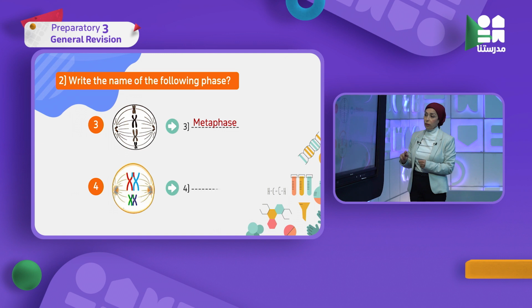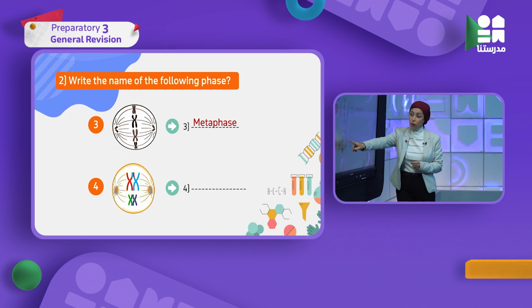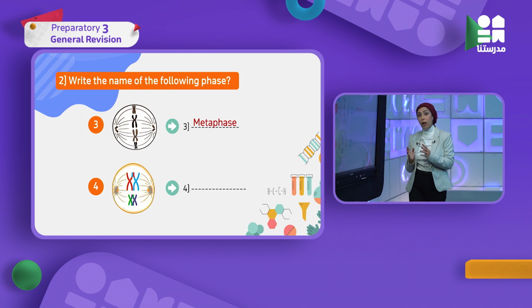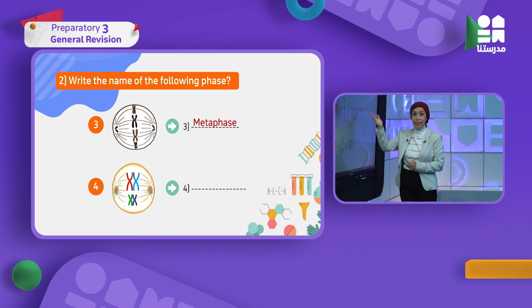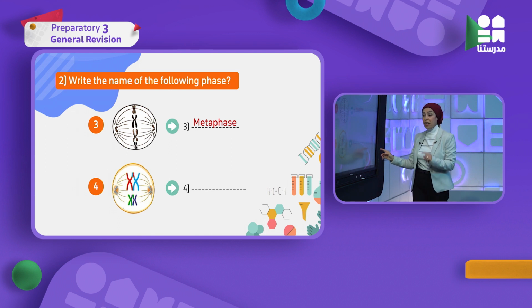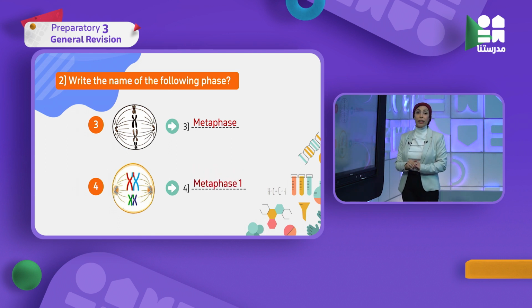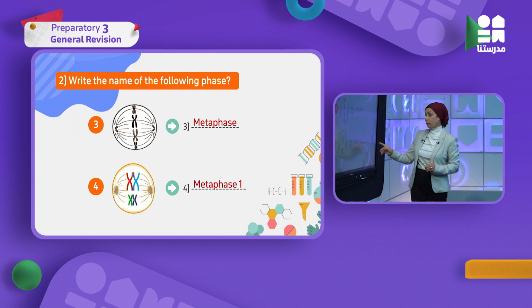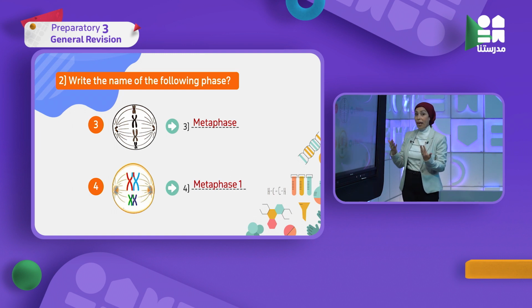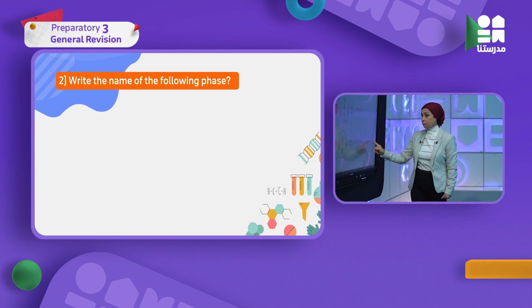I have this figure in which the chromosomes are also arranged at the equator, but how many chromosomes? Homologous pairs of chromosomes. Of course, it's metaphase, but metaphase 1, which happens during meiosis division. I'm putting them together to compare the two figures in front of you, so you are going to answer very easily.